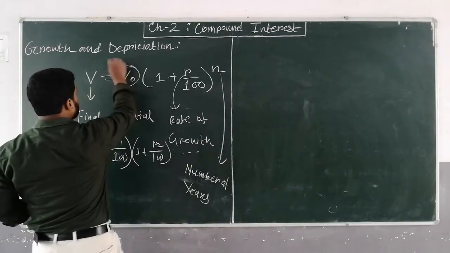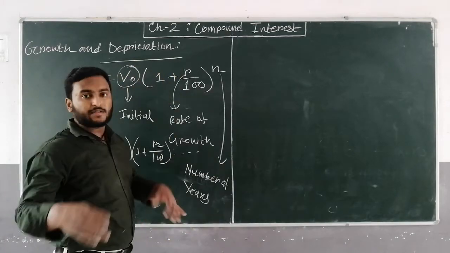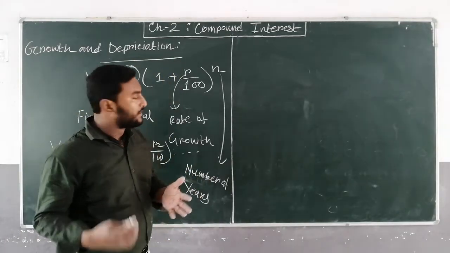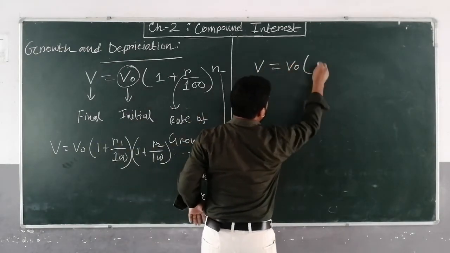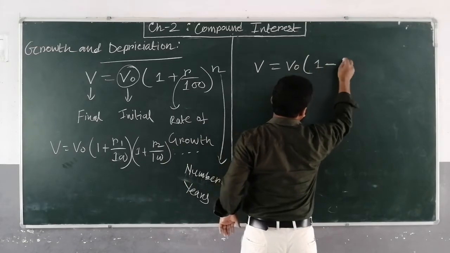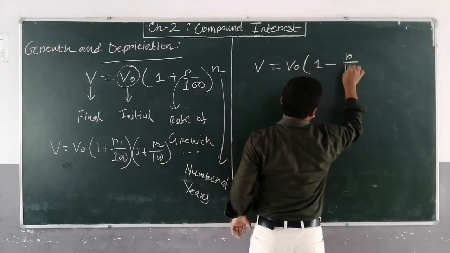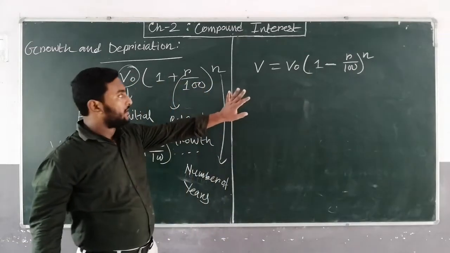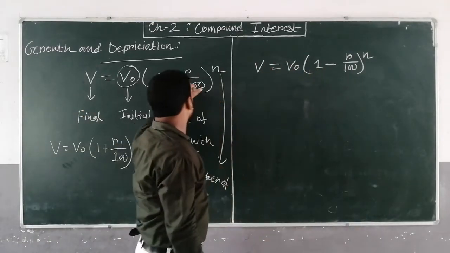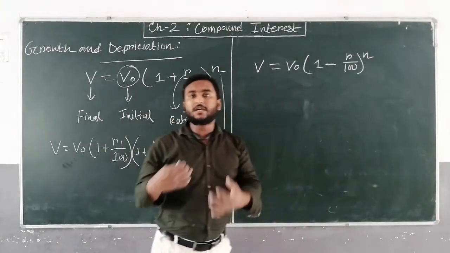Now depreciation. Depreciation means decreasing. Here it is the same formula, only the change is that in place of plus, here it will be minus. Nothing else, only this change. In case of growth it is plus, here it will be minus because it is decreasing.